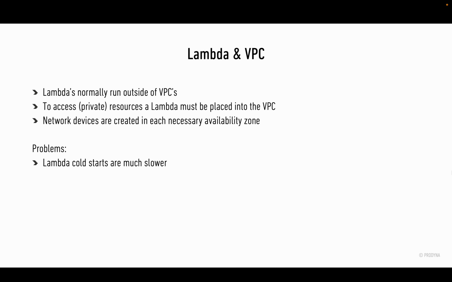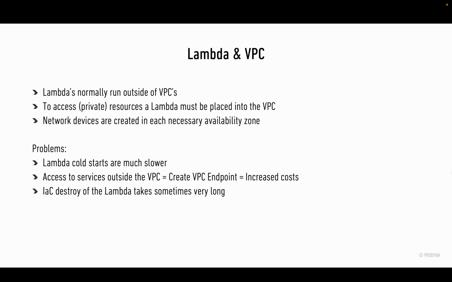The Lambda cold start is much slower in a VPC. And when you want to access services outside the VPC, your Lambda function needs access to the internet, or you need to create a VPC endpoint, and this endpoint is not for free, it will increase your costs.